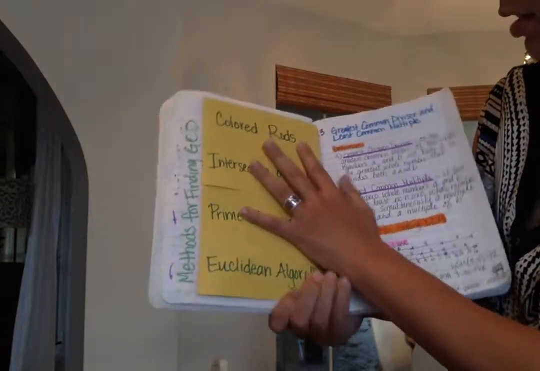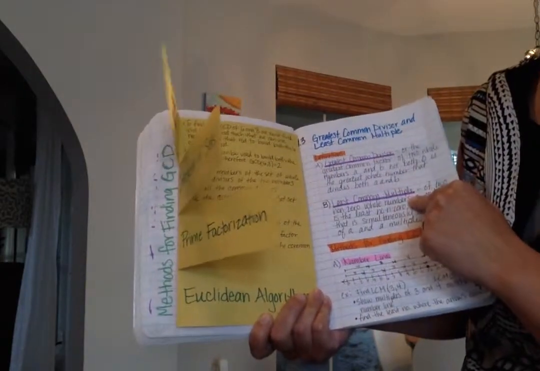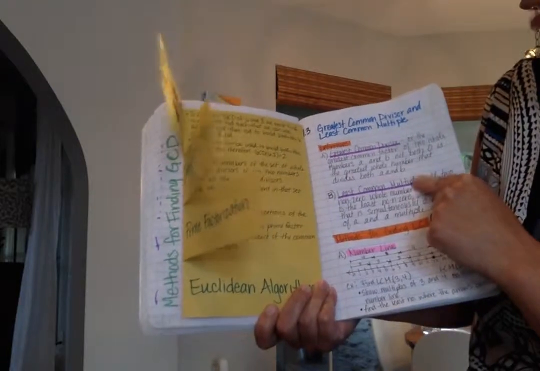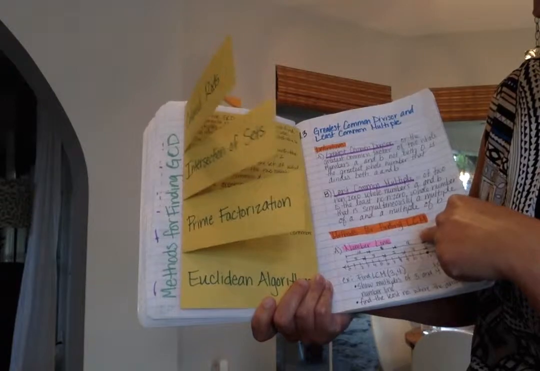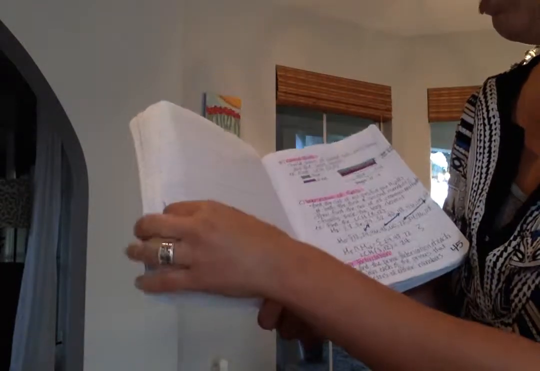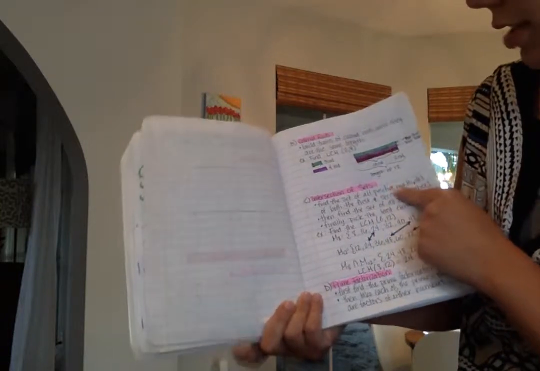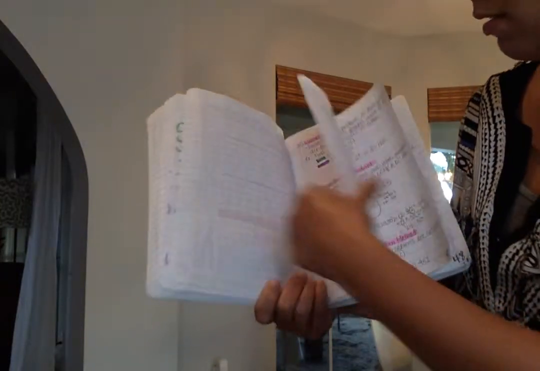Next, I have the definitions, which are the greatest common divisor and the least common multiple. And then methods for finding the least common multiple: number line, colored rods, intersection of sets, and prime factorization.